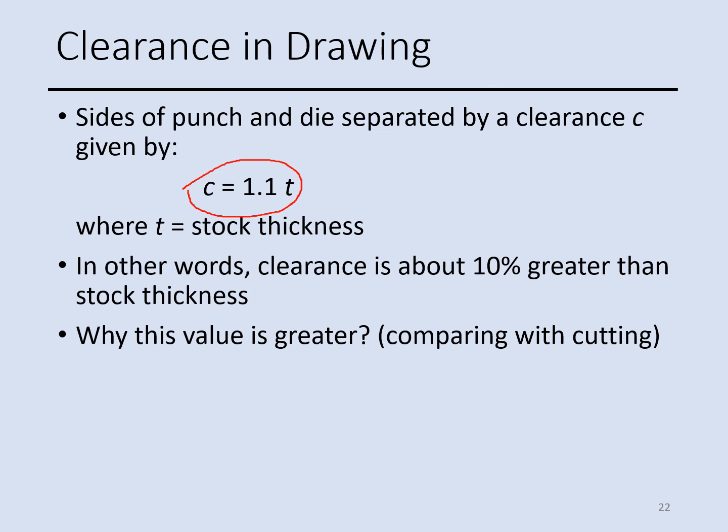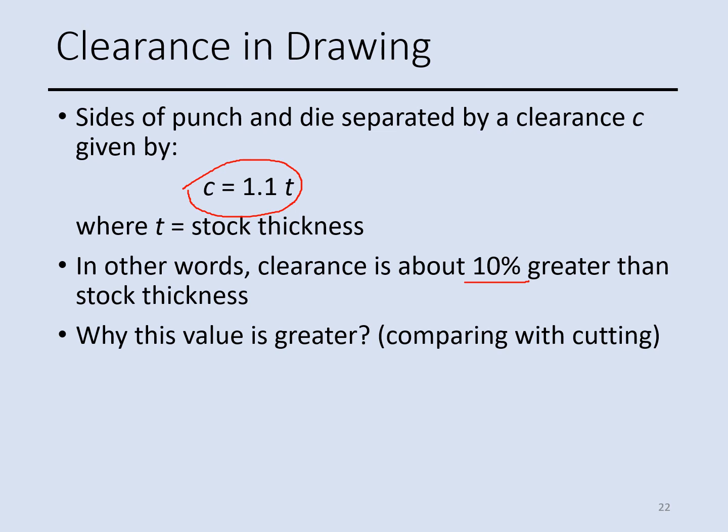This equation may vary depending on the material, but it's a general equation, and it says clearance is 1.1 times the stock thickness. As you see, the clearance is 10% greater than the stock thickness, and this value is greater than the clearance we see in the cutting operations.